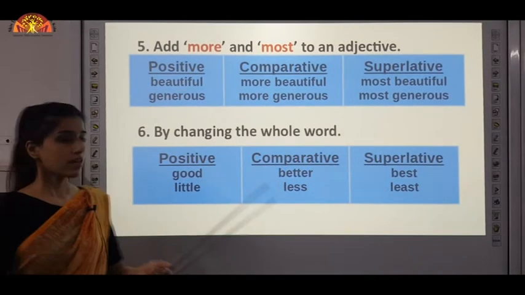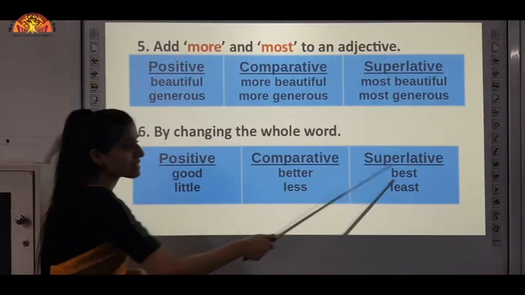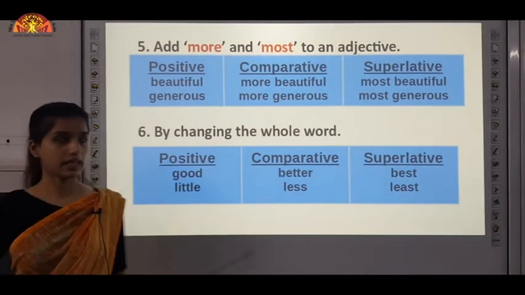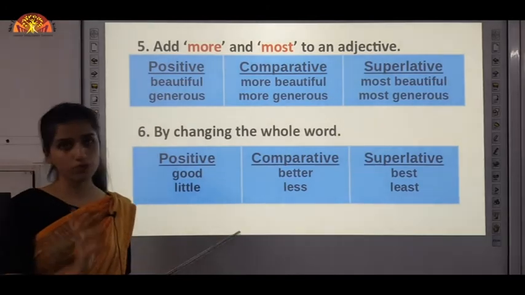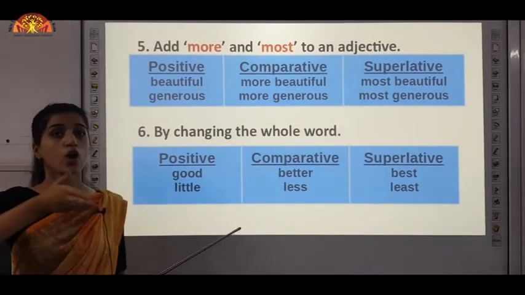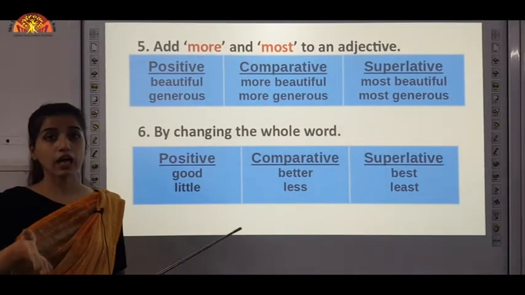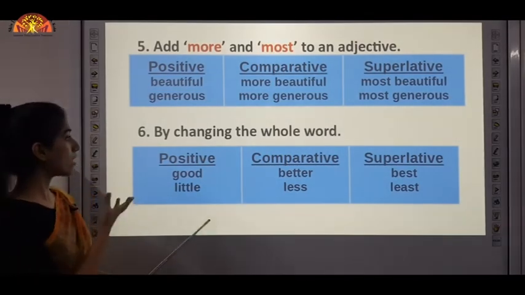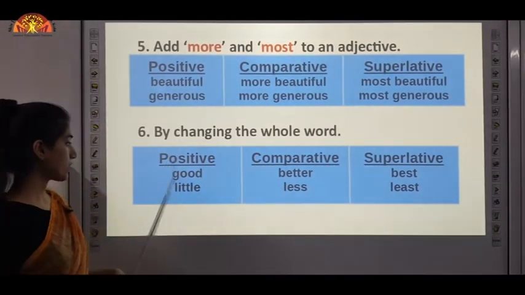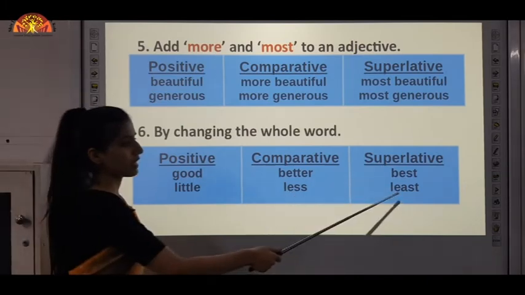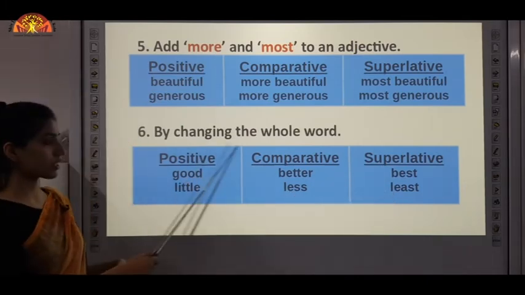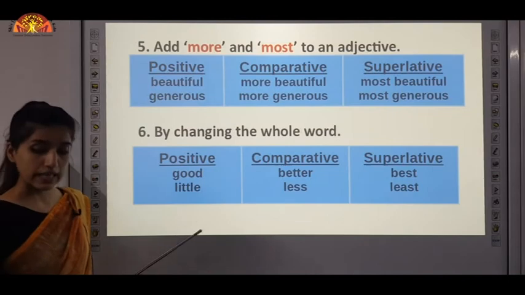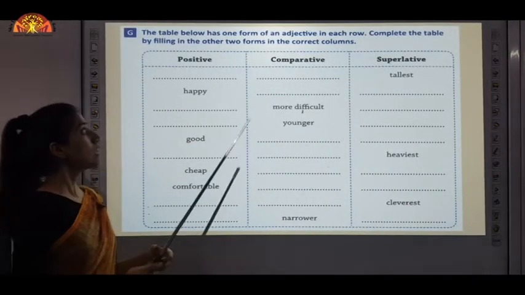For that I am not using gooder or more good. I am using better and best as the comparative and superlative degree. I am not using more, most, er or est. You can see little, less, least. This also changes the whole word.